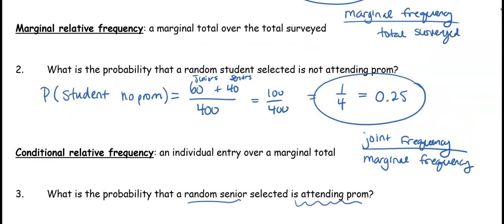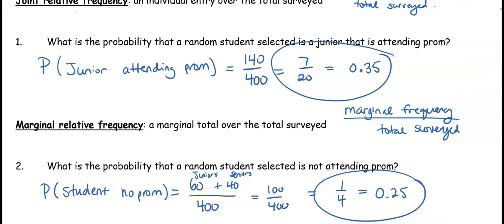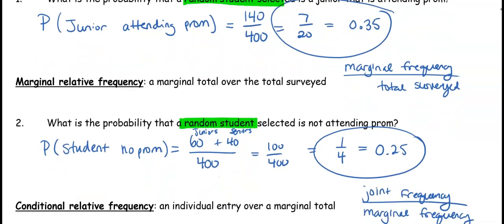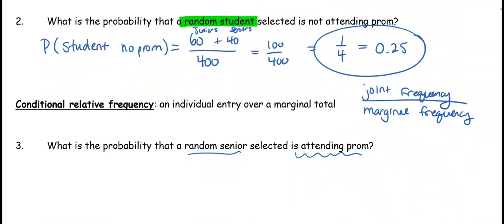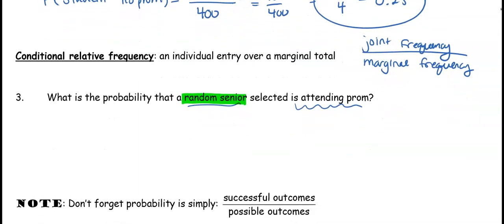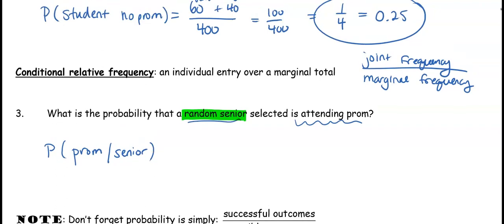So for the other ones, our sample space was a random student; we were pulling from the total surveyed. It could be any random student. Now this one, it didn't say a random student, it was a random senior. So my sample space isn't all 400 students, it's only the seniors. Here's that conditional probability. What is the probability that they are going to prom given that they are a senior?